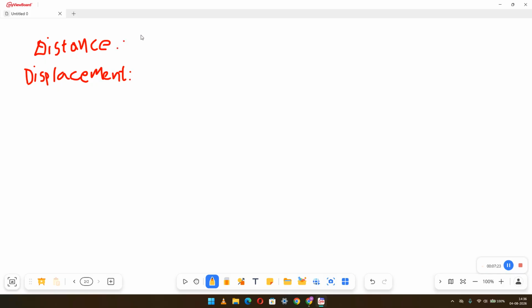Distance is the total length covered by an object.